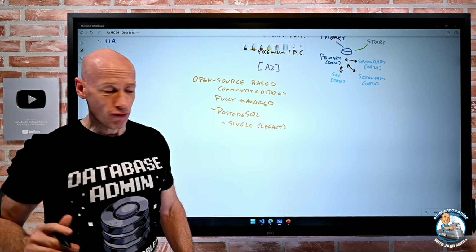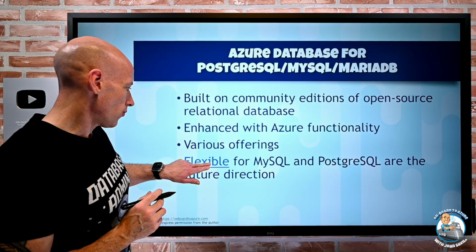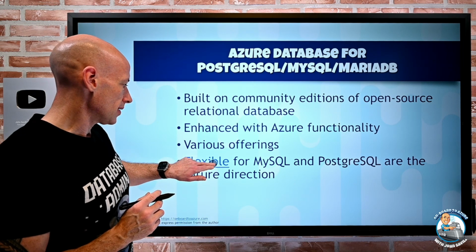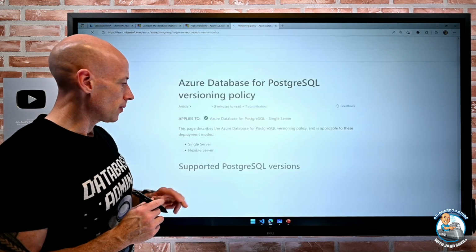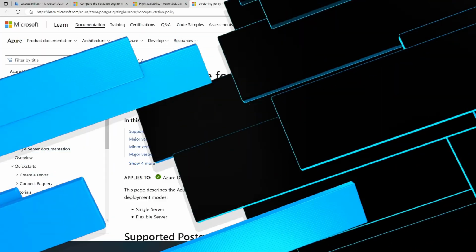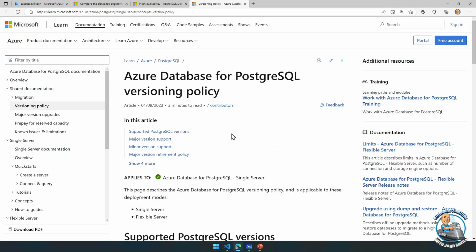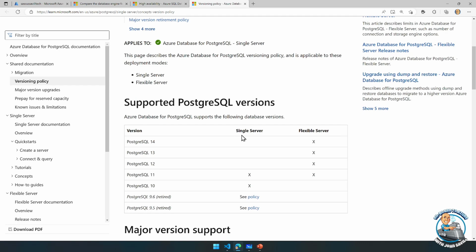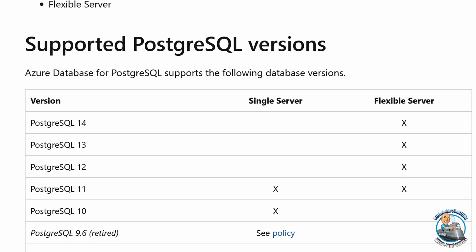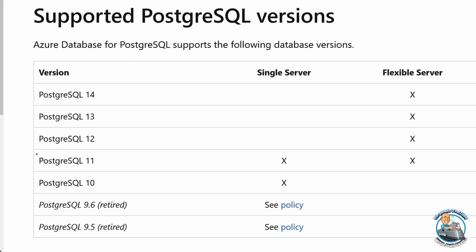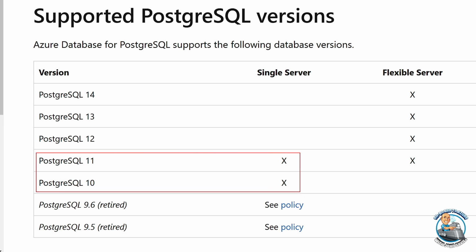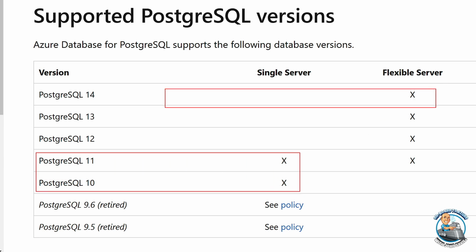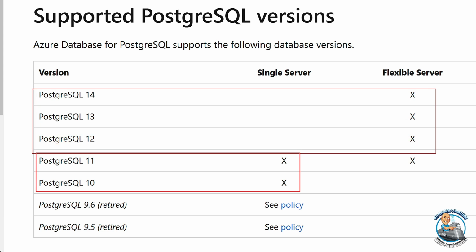If we actually look for a second, let's jump back to the other slide. If we look at flexible just on here, there we go. If we look at the versioning of Postgres as an example, single server only supports up to 11. Whereas flexible, hey, that's 14, 13, 12, and 11.